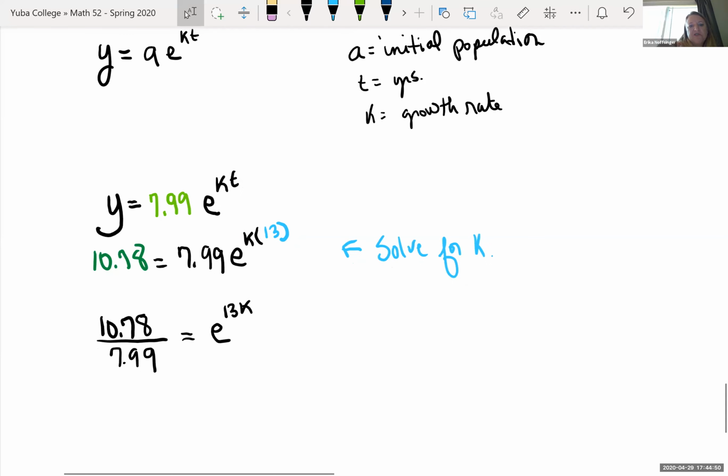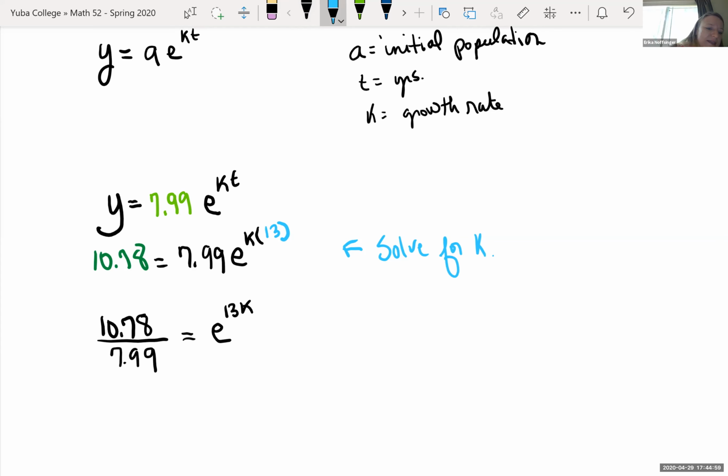So let's take the natural log of both sides. I want to take natural log versus log because I have an e function, and I know natural log of e is just the exponent. And so taking the natural log of both sides of my equation, you have the natural log of 10.78 all over 7.99 is equal to the natural log of e to the 13k.